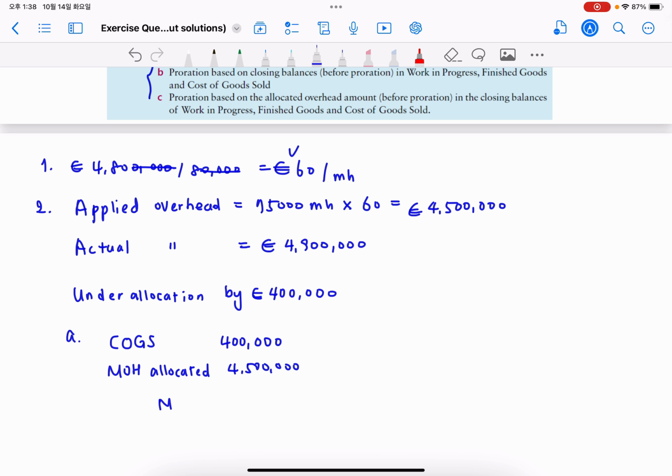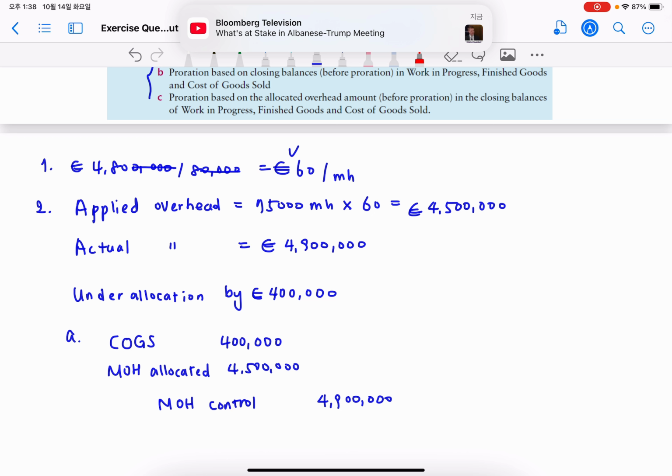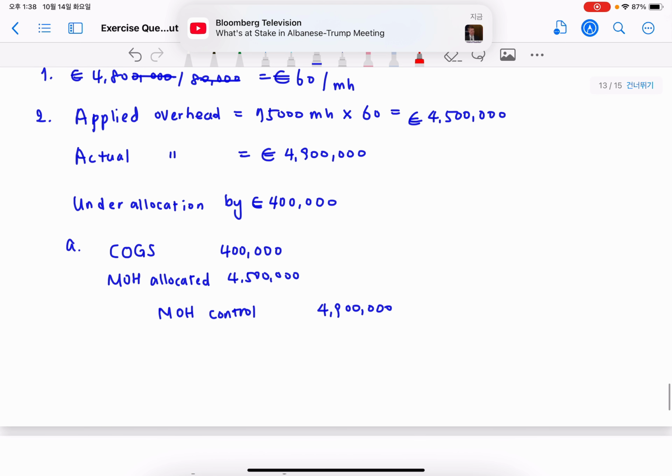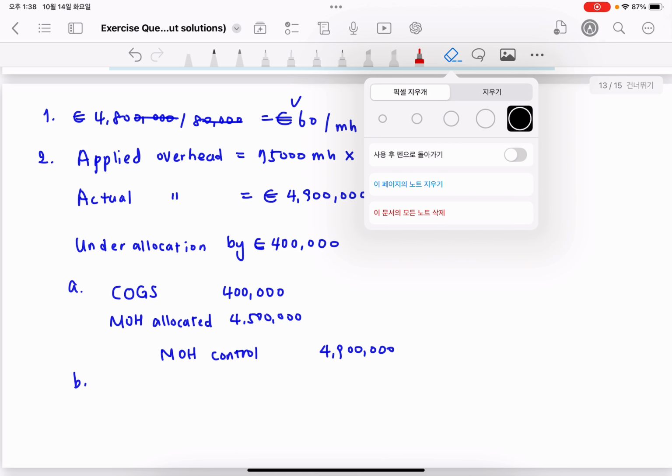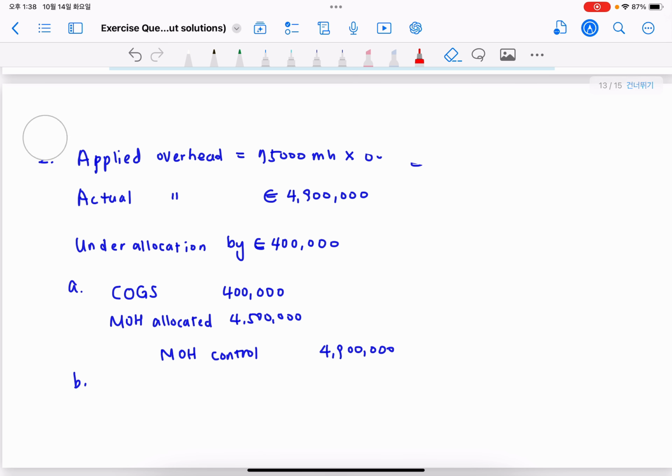And then we need to credit the MOH control because we have debited it before by 4.9 million, right? Okay, then second, let's first erase all these because we don't have enough space.